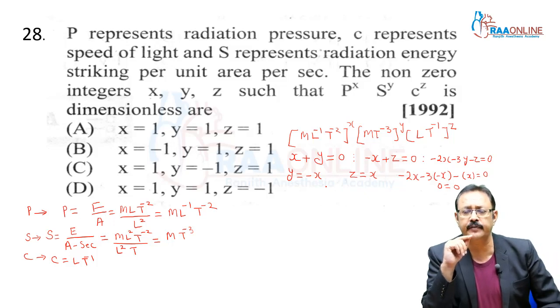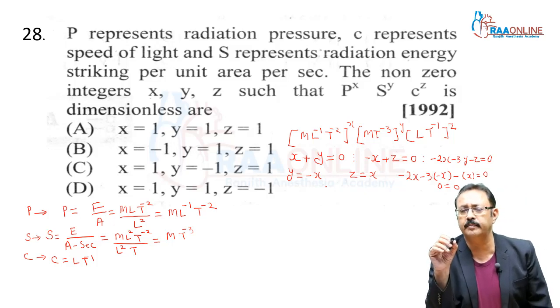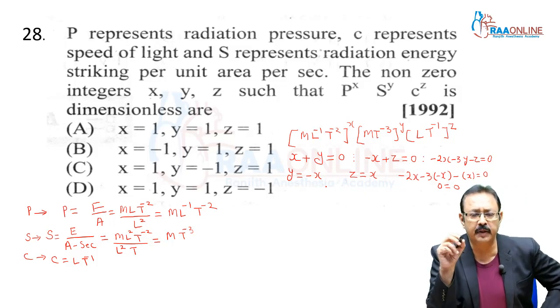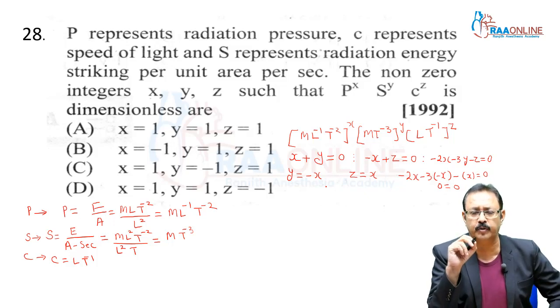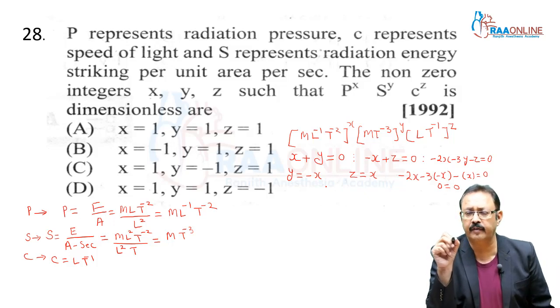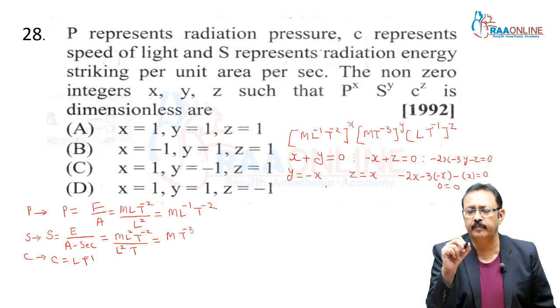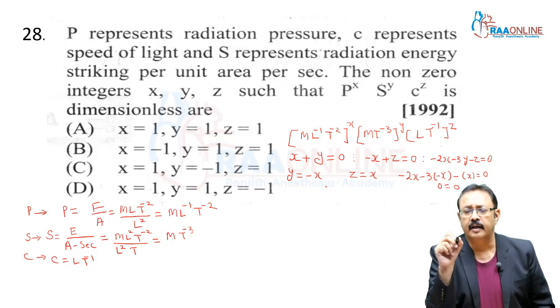See, if in place of x we write 1, then x plus y is 0, so x and y are of opposite sign. First is wrong, second may be correct. In the third, if we put x as 1 and y as minus 1, it will satisfy the first relation, and z as 1 will satisfy it.